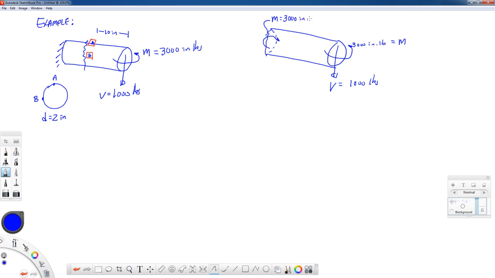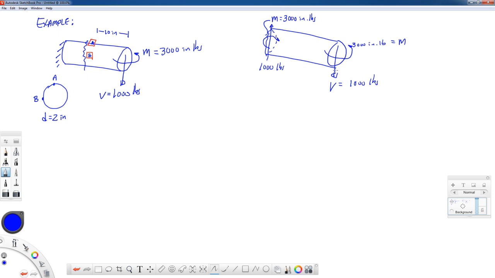That's 3,000 inch-pounds. To keep this in equilibrium for summation of forces, we need a force going up in the back, like that, and that would be 1,000 pounds. However, in addition to that force, the reaction back here will also need to include a bending moment.